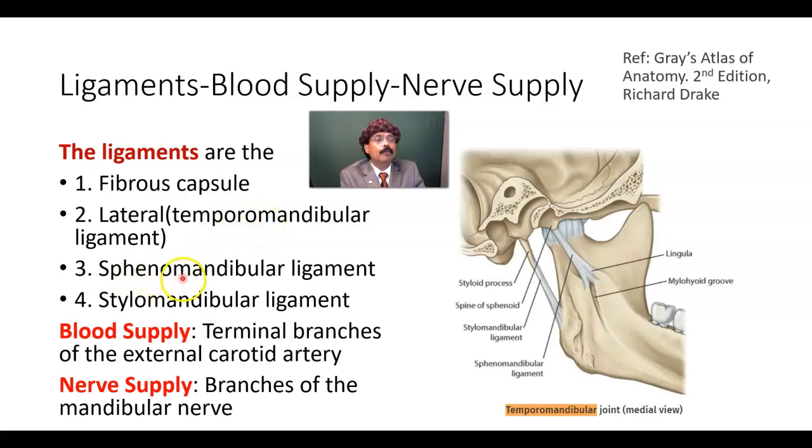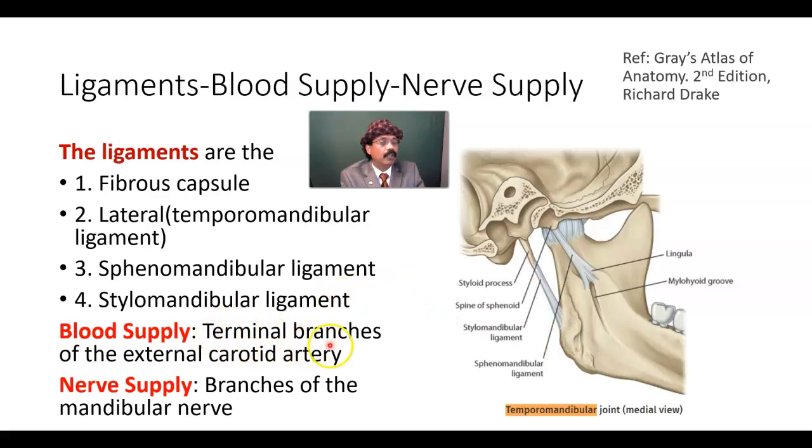The sphenomandibular ligament runs from the spine of the sphenoid bone to the lingula of the mandible, just over the mandibular foramen here. The stylomandibular ligament runs from the styloid process to the angle of the mandible. This is the stylomandibular ligament.